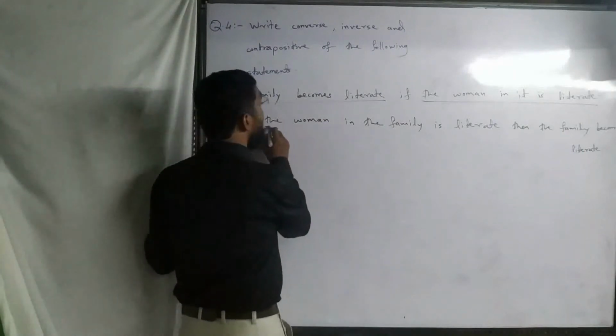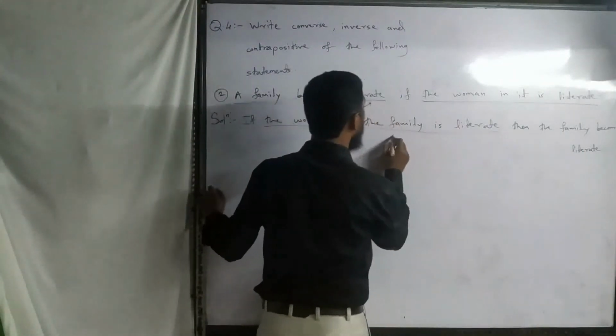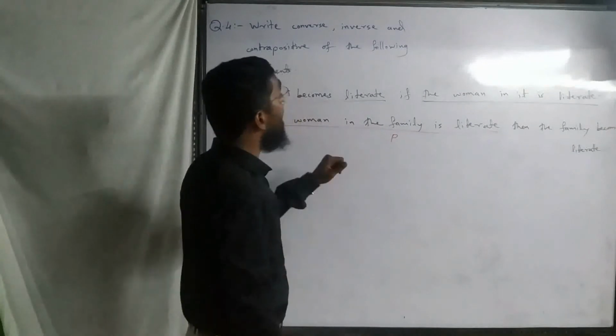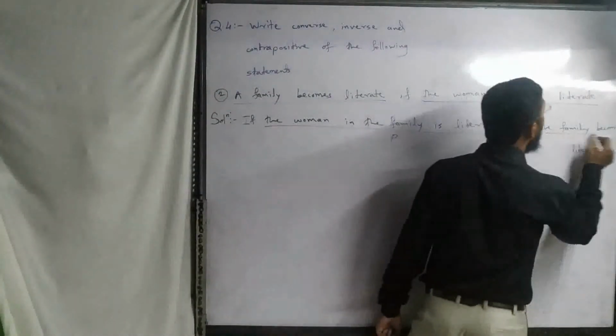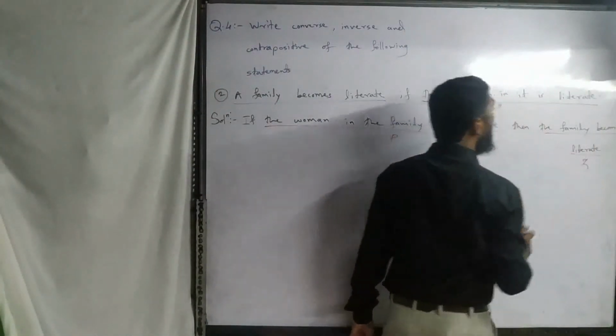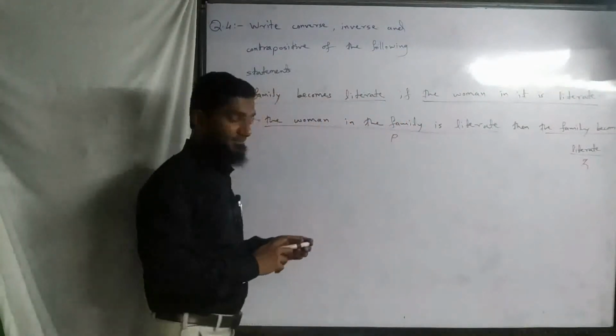Let us consider first component is P: the woman in the family is literate, and second component is Q: the family becomes literate.